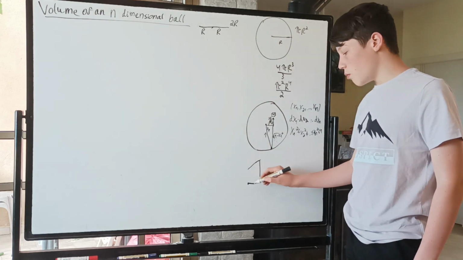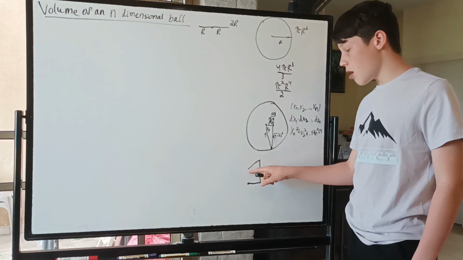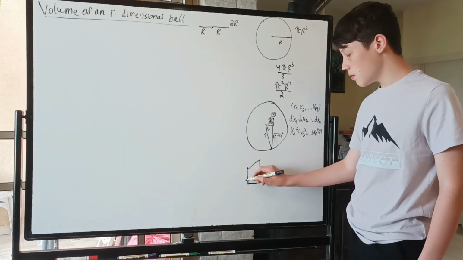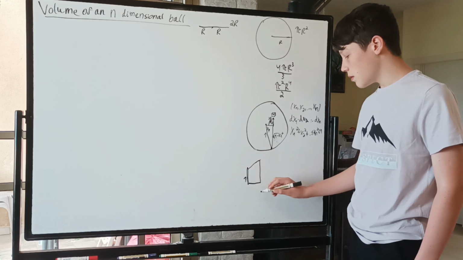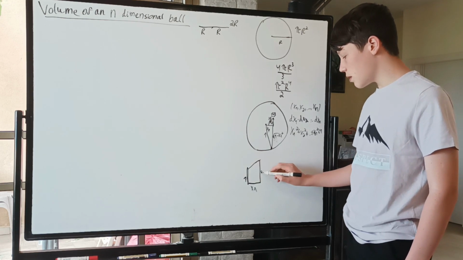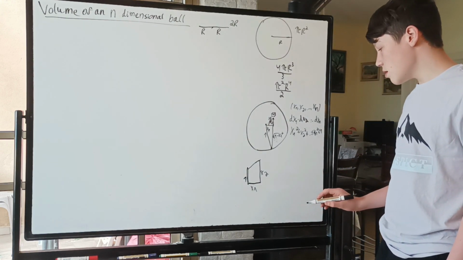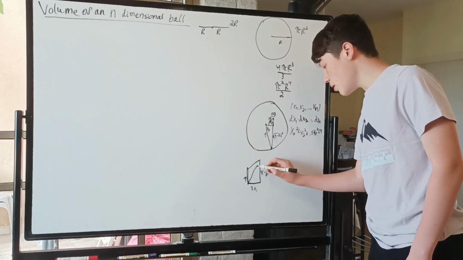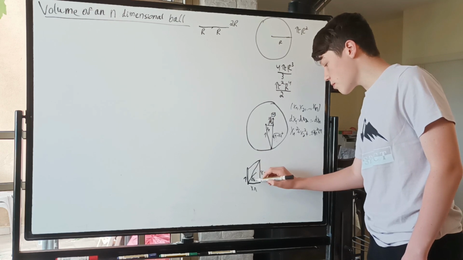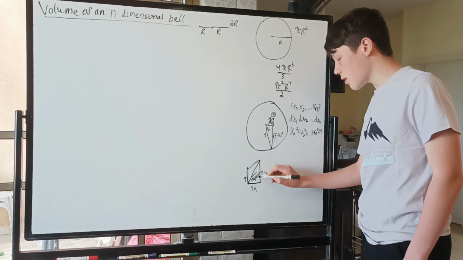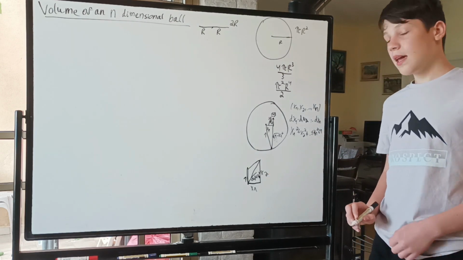So we know this has to be on the sphere, meaning that this is 1. And we know this is x1 and x2. And so we know this is the square root of x1 squared plus x2 squared from Pythagoras.